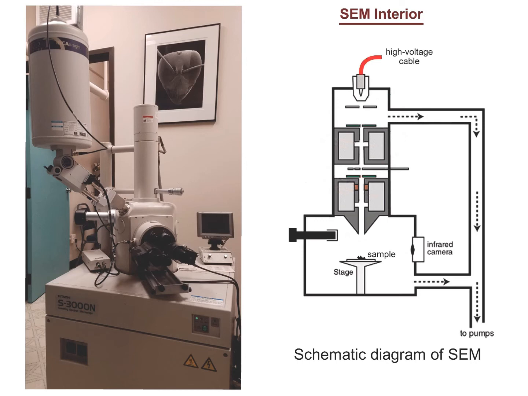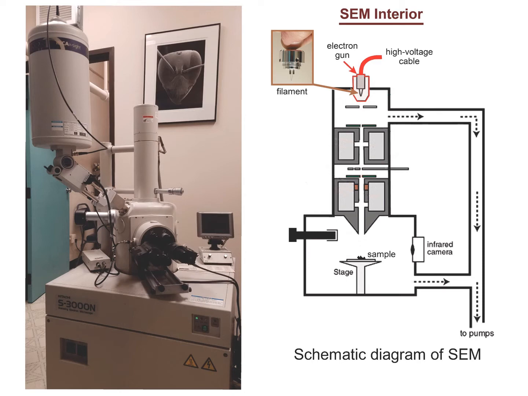At the top of the column, there is a high voltage cable. This cable connects to a device called the electron gun. At the lower end of the electron gun is a tiny filament.